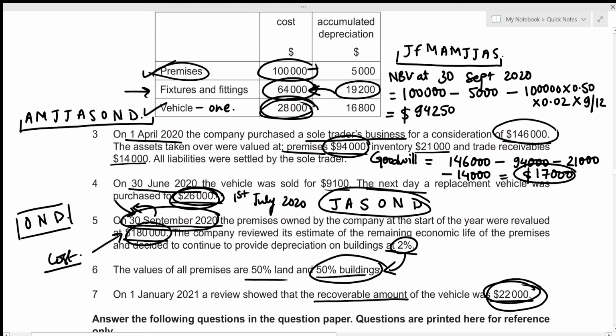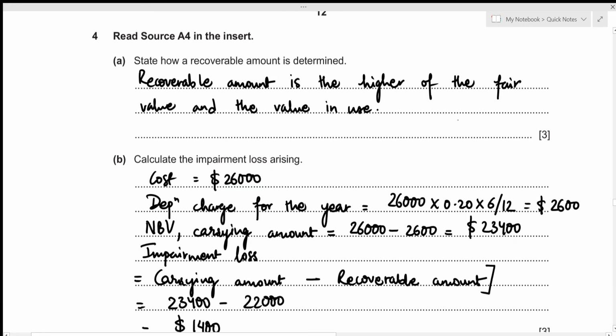94,250. Now, as I said before, the revaluation reserve is just going to be the difference between the new revalued amount, which was 180,000, given right here, and then the net book value at that particular date, which was 94,250. Let's figure out our revaluation reserve now.